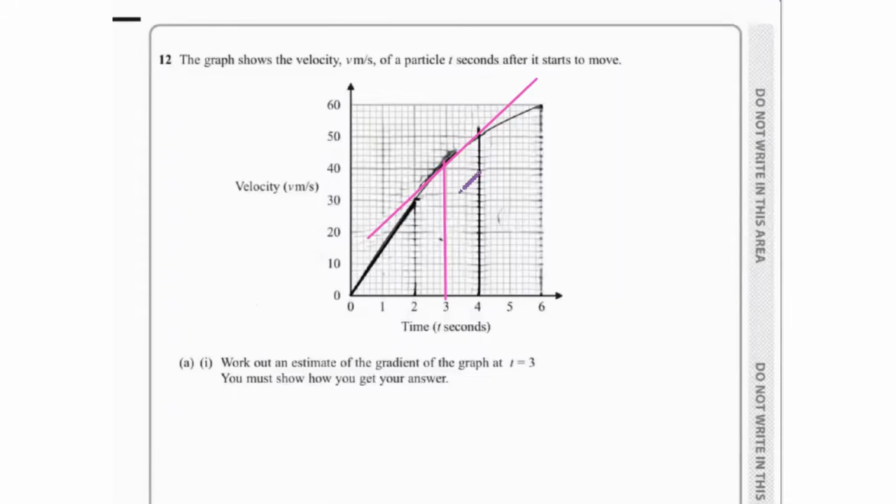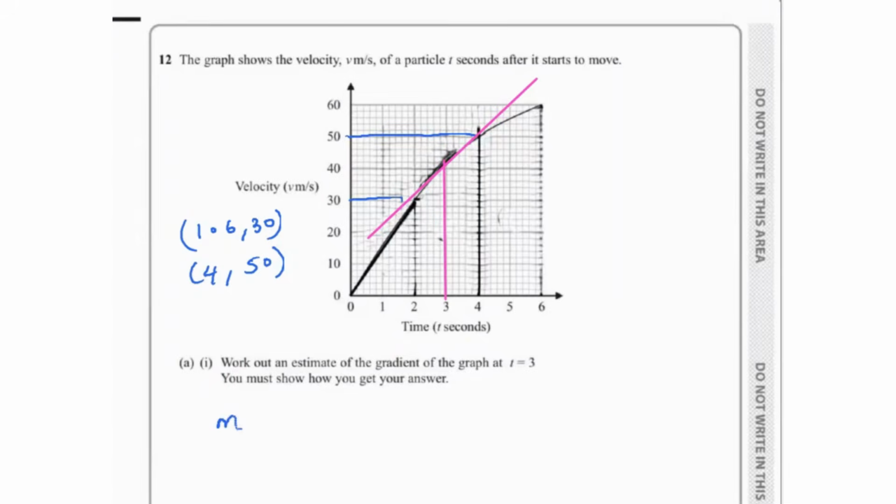Let's say I pick 1.6 and 30, and then 4 and 50.